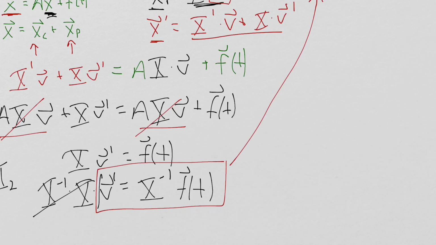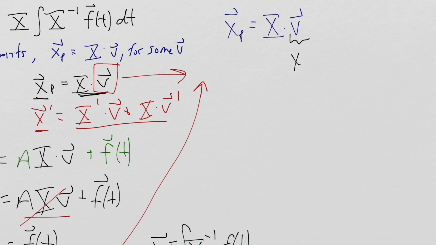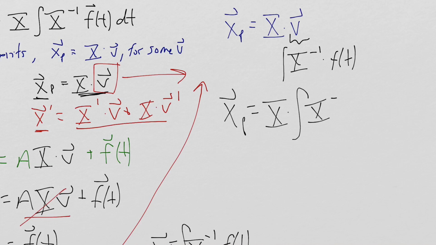Oh, let's integrate, right? So really what I should have in that box is that v is the integral of x inverse times f of t. Sorry, I got a little excited there. So that v is going to be the integral of x inverse times f of t, which gives me my formula xp equals big X times the integral of x inverse times f of t.